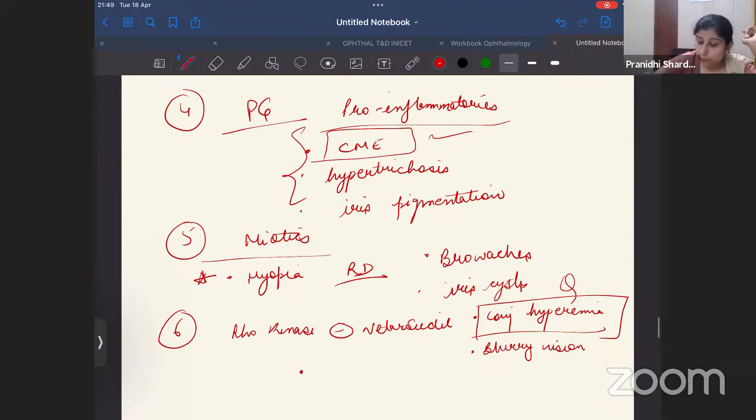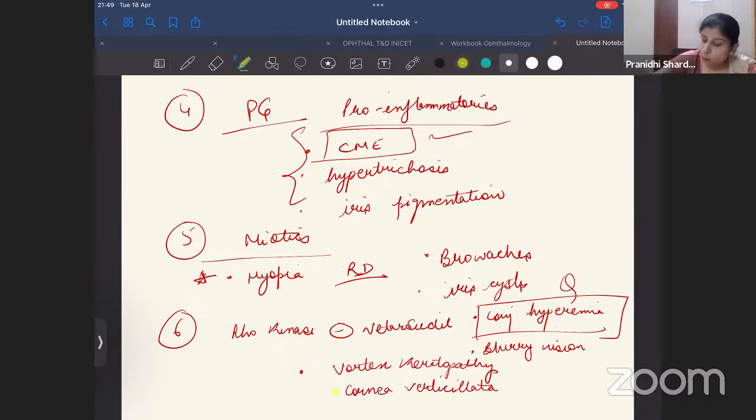Also, one of the side effects of netarsudil, seen in a smaller population, is known by the name of vortex keratopathy. Some of the patients on netarsudil have been found to suffer from vortex keratopathy or cornea verticillata.